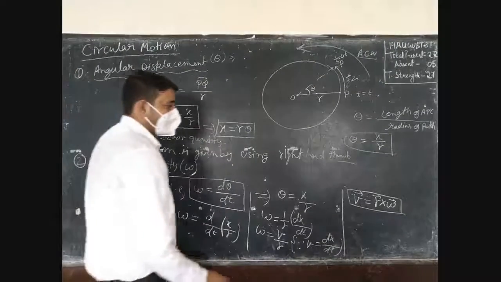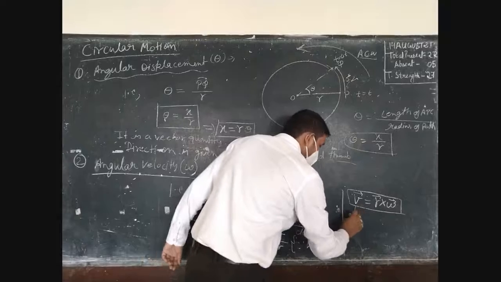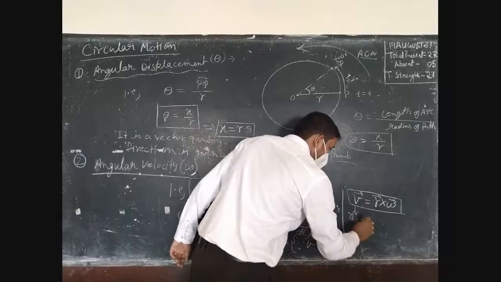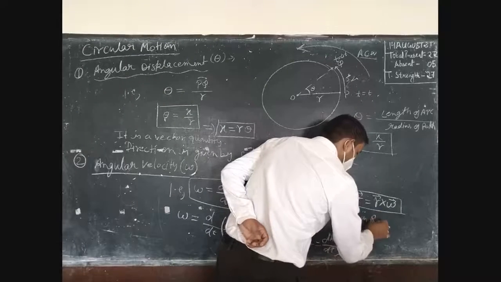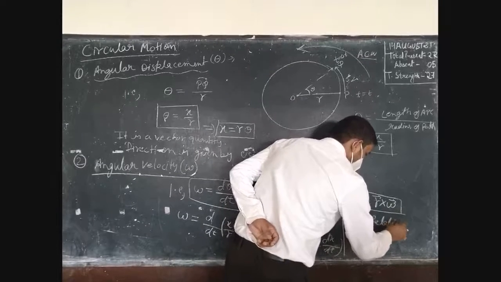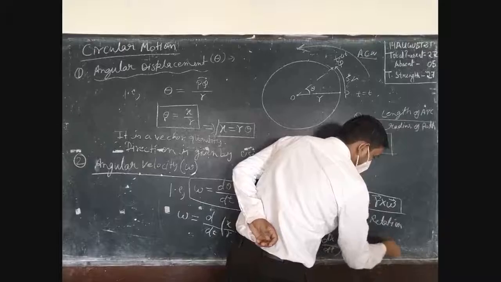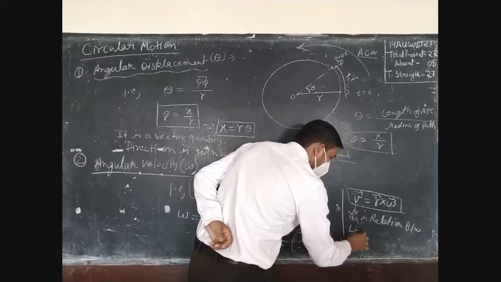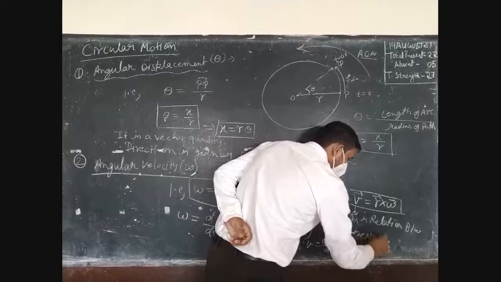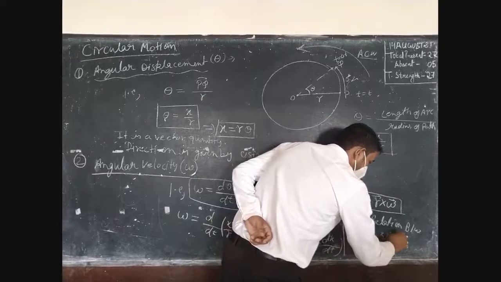Clear? This is known as the relation between linear and angular velocity.